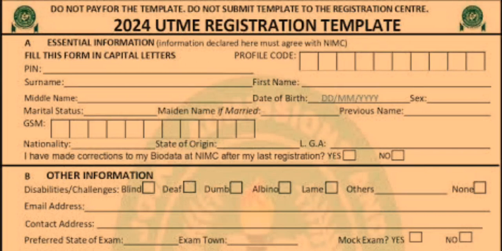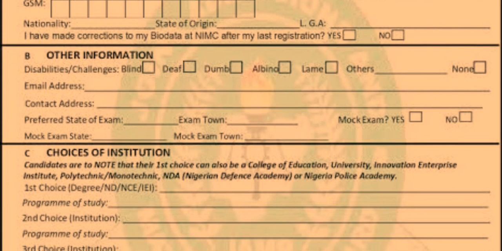Remember, profile code, when you send your NIN to 55109 through your SIM card, you generate a profile code. Then you buy a pin. That JAMB pin you normally buy will be there. You fill, that is section A. Section B, basically your email address, your address, and the time, place you want to write your exam.